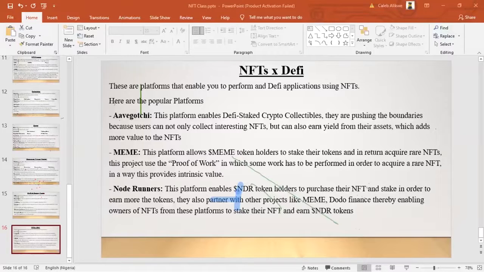Okay, so NFTs are built on the ERC721 protocol. They are also built on ERC1155 and ERC998. The ERC721 protocol enables individuals to create single one-of-one NFTs.